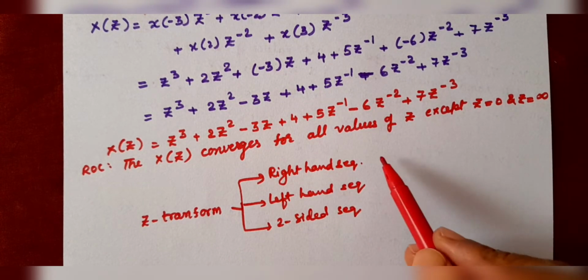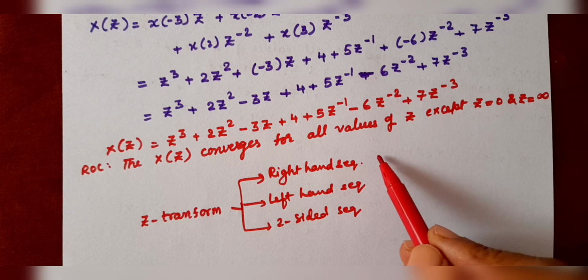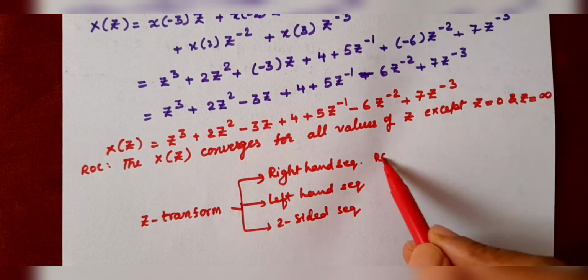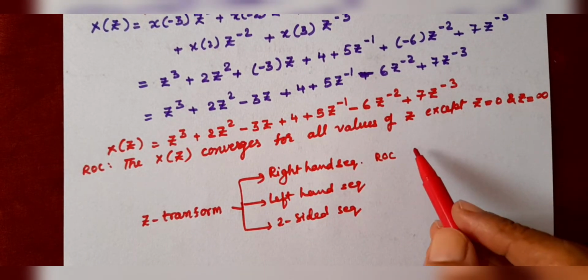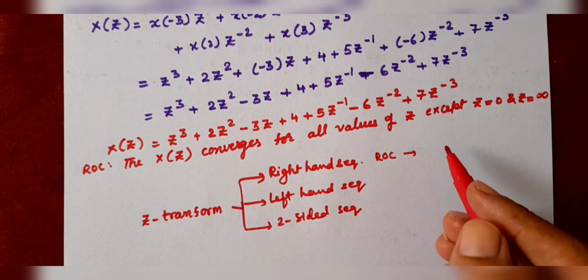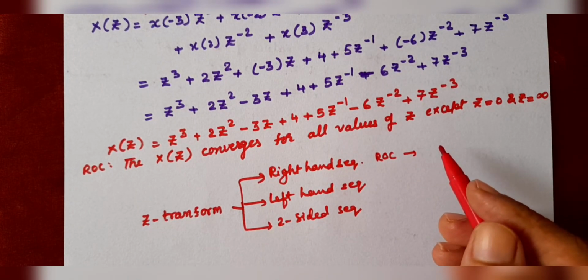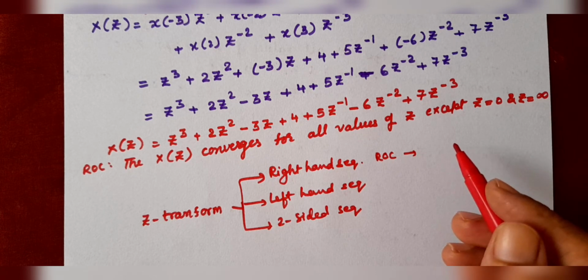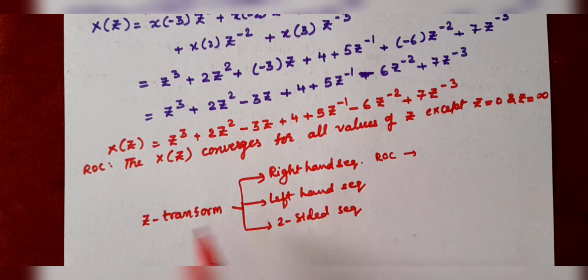So what is the ROC here? ROC will be the entire z plane except z is equal to 0. Okay. So let's quickly take an example.